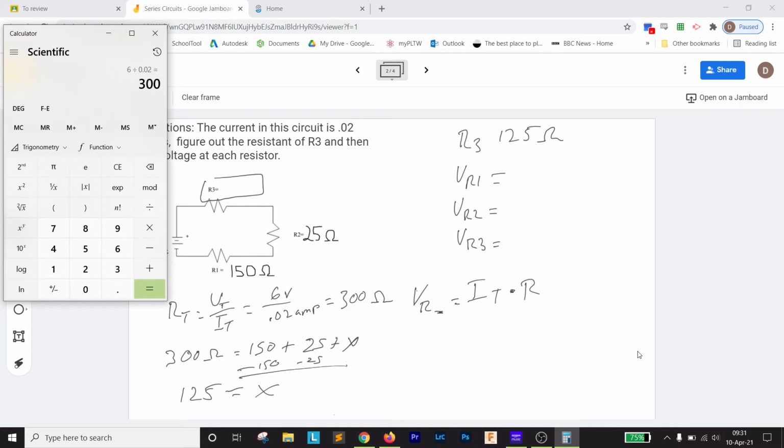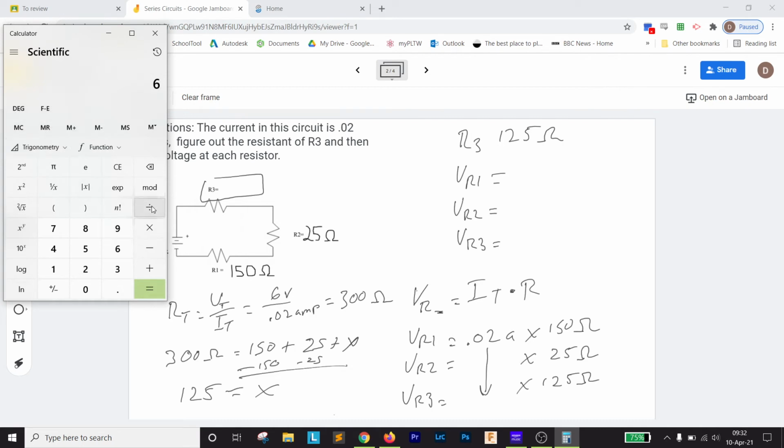So V at R1, V at R2, and V at R3 is equal to the current, which we said was 0.02 amps, and it just goes straight down there, times 150 ohms, times 25 ohms, and times 125 ohms.